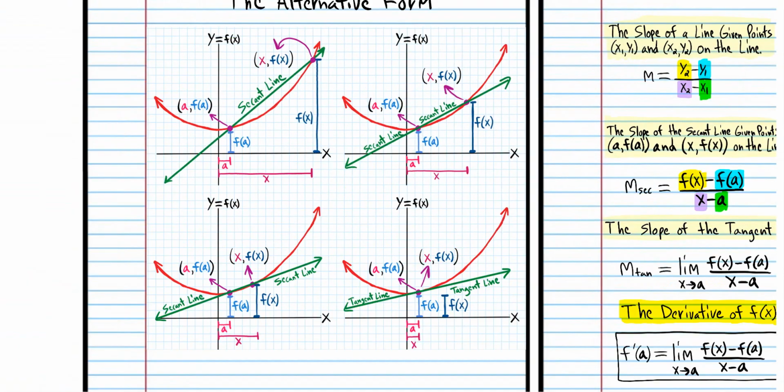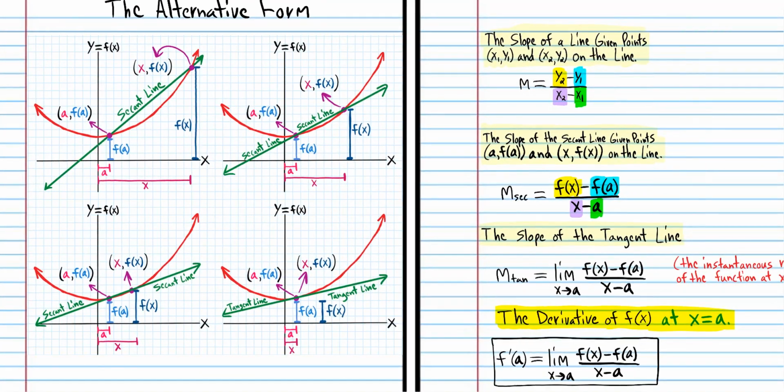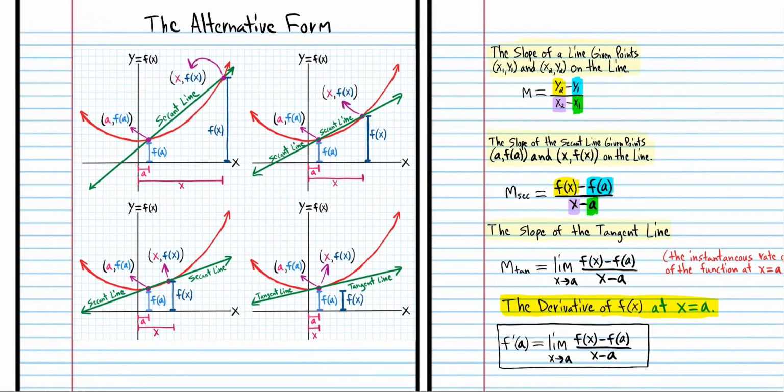So you can look over that if you want, but in the same way that we found the slope of the secant line to start out with, we're going to find the slope of these secant lines using our formula for the slope of a line given 2 points.